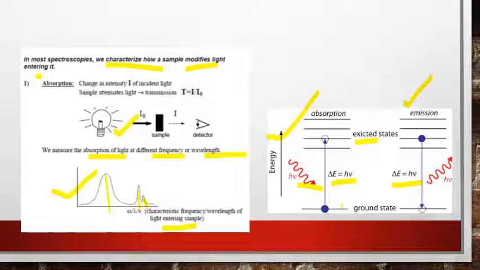Here the arrows represent radiation being absorbed and radiation being emitted. So when the atoms or molecules come from the higher energy state to the ground state, they give up the energy in the form of a packet, that is h nu, and this is called emission.